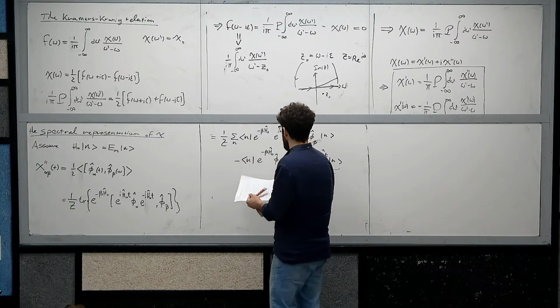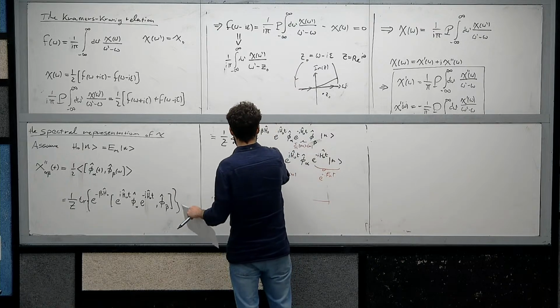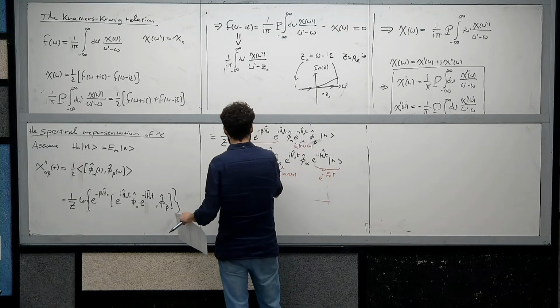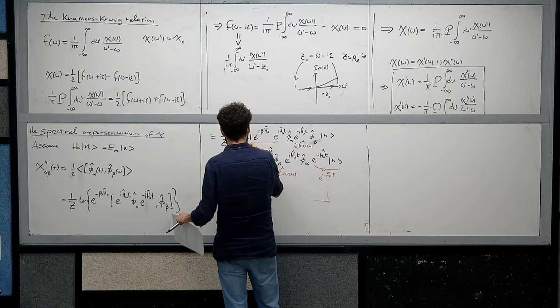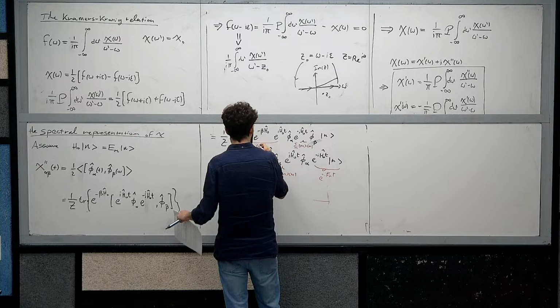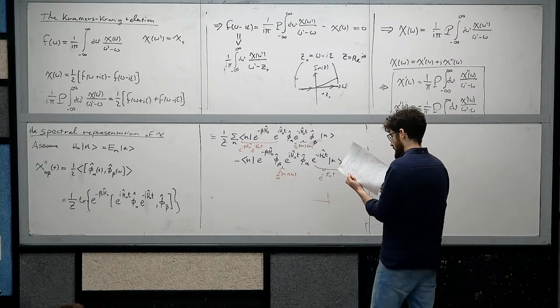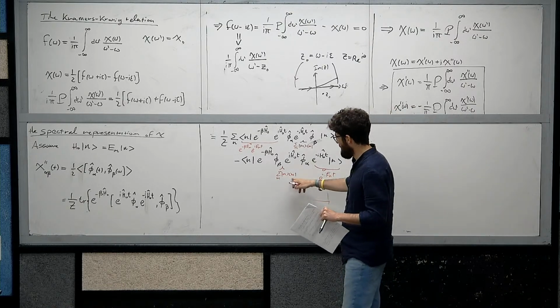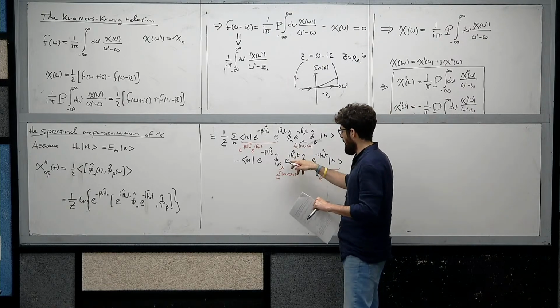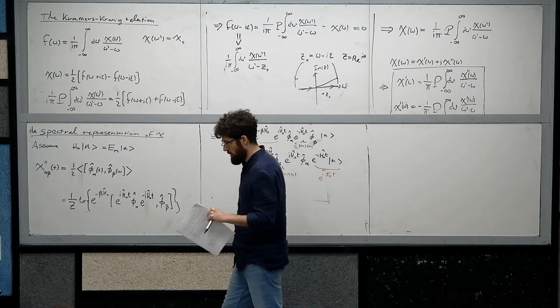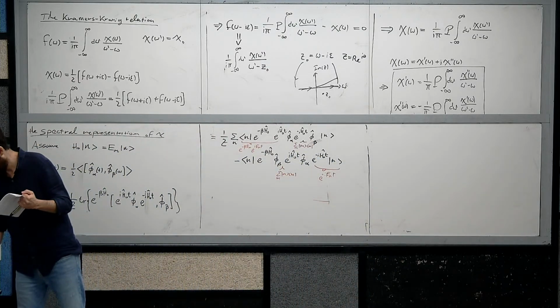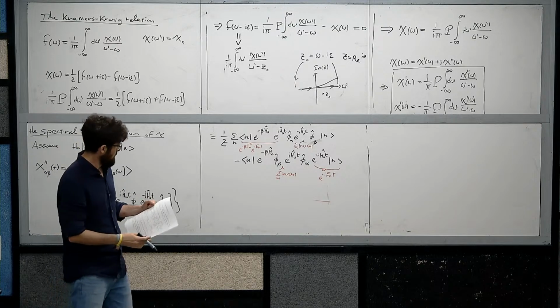So this part, for example, will give me e to the minus beta E_n, e to the i E_n t, for example. Okay? So with these m's now, I can also act with the internal H's, and I end up with just matrix elements.